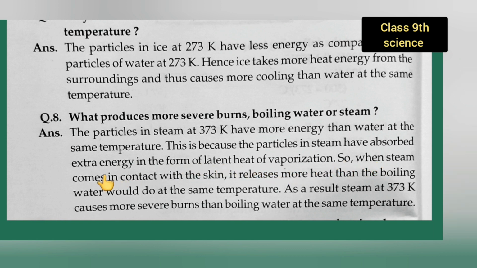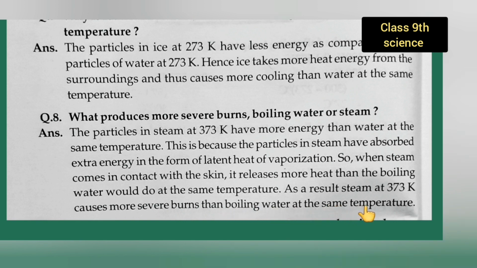So when steam comes in contact with the skin, it releases more heat than the boiling water would at the same temperature. As a result, steam at 373 Kelvin causes more burns than boiling water at the same temperature.